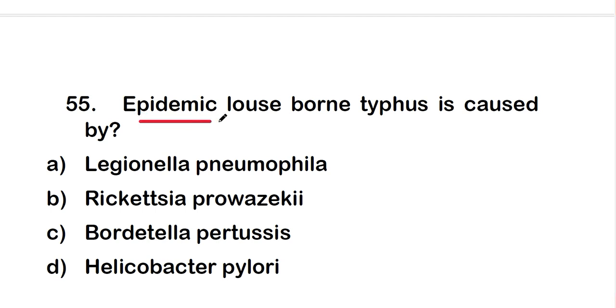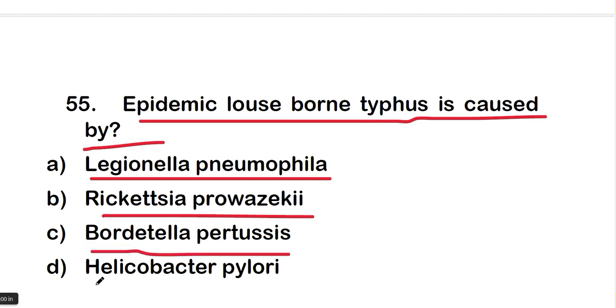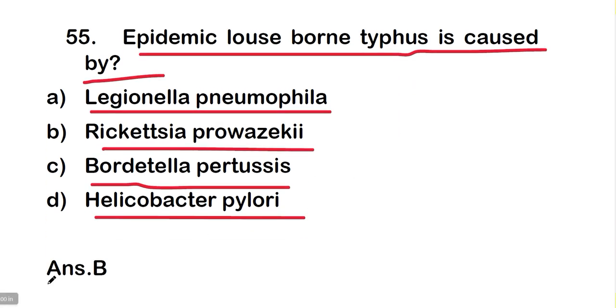Okay, so move on to the next one, question number 55. Epidemic louse-borne typhus is caused by option A, Legionella pneumophila, option B, Rickettsia prowazekii, option C, Bordetella pertussis, or option D, Helicobacter pylori. So the right answer is option B, Rickettsia prowazekii. So epidemic louse-borne typhus is caused by Rickettsia prowazekii.